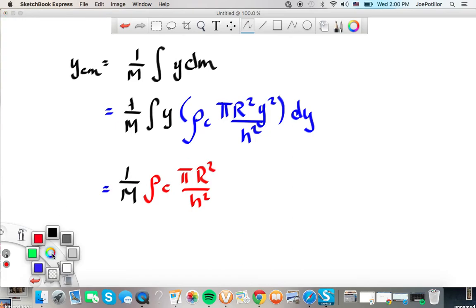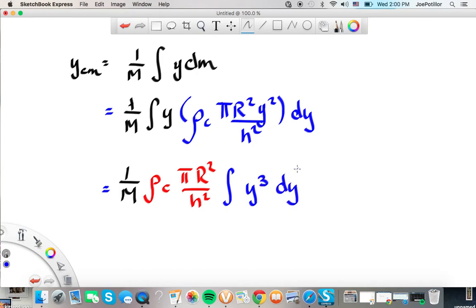Then we're left with the integral of y squared times y, which is y to the third, dy.